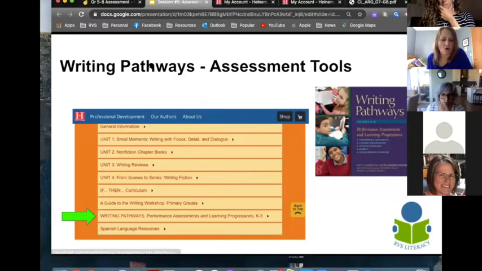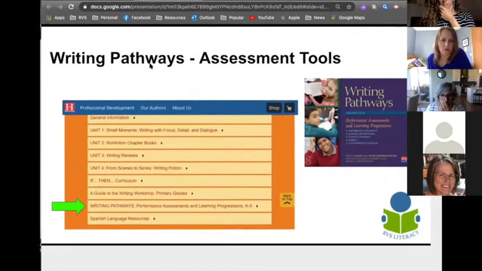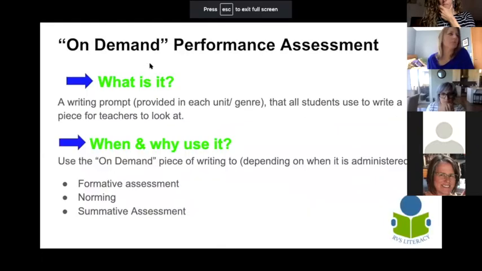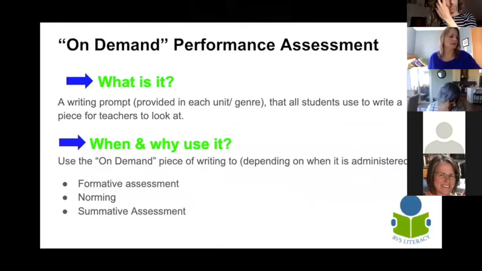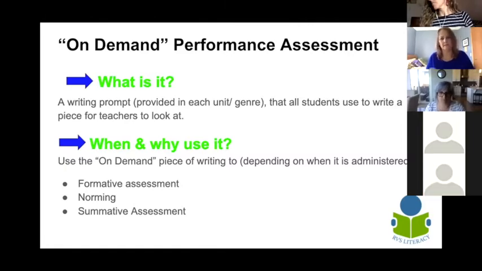Then moving on, we are going to begin with one of the biggest tools I think, such a powerful tool to implement into our instruction, called the on-demand performance assessment.